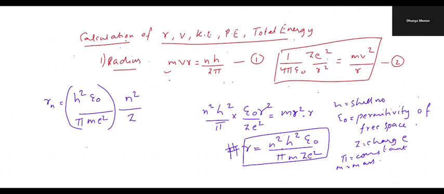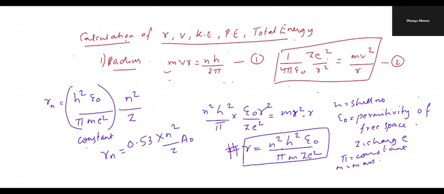So this whole thing is a constant. Now, after putting the values of all these, the radius comes to, this you must memorize, 0.53 times n square by z Armstrong. This is a very important formula, students.